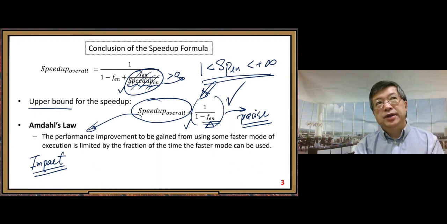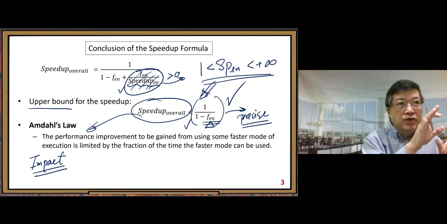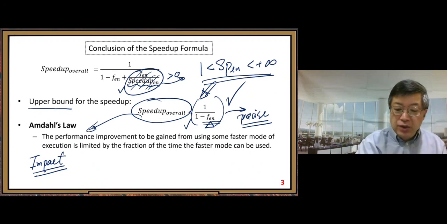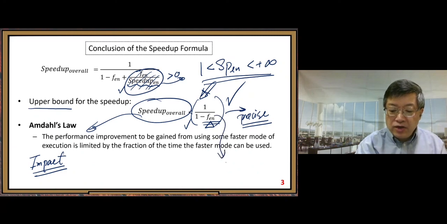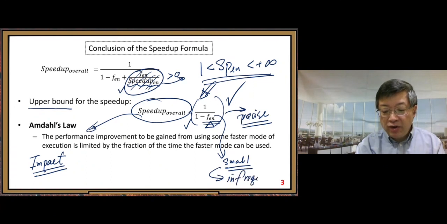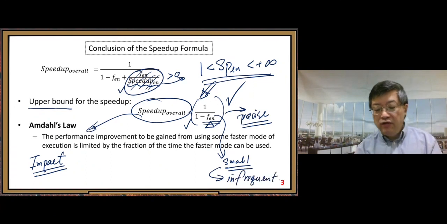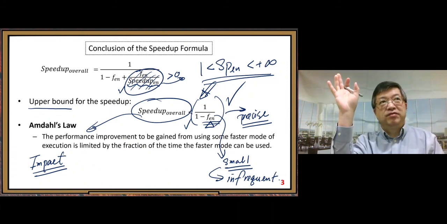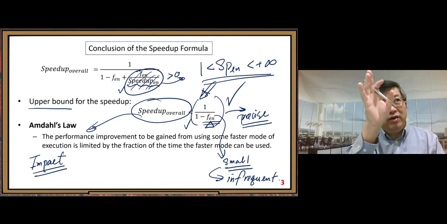It is very common they put a lot of resource in some part corresponding to a small number of FEN, a small fraction number, that's the infrequent case, right? We talk about the infrequent case. So people put their resource in the infrequent case before Amdahl's law was discovered. It's very common.